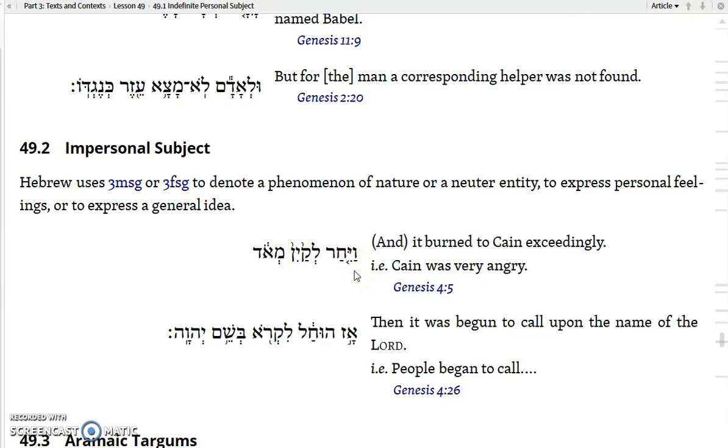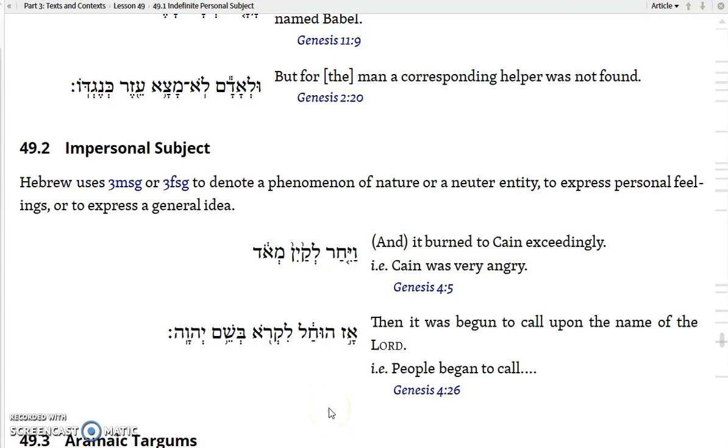And it was hot. That's an imperfect form from chara. It was hot to Cain, me'od, exceedingly, but hot is used metaphorically of anger. What it means is that Cain was very angry. But it uses this impersonal formulation, it was hot, or it burned.